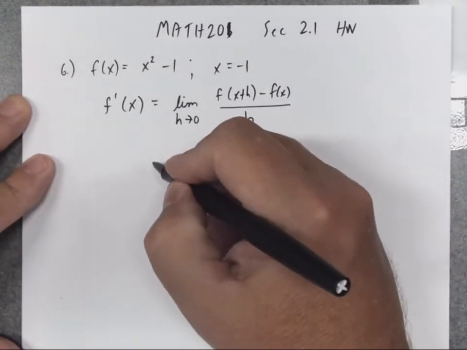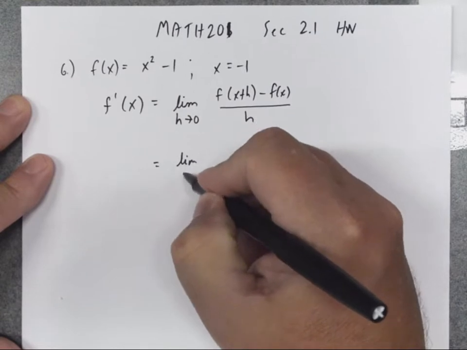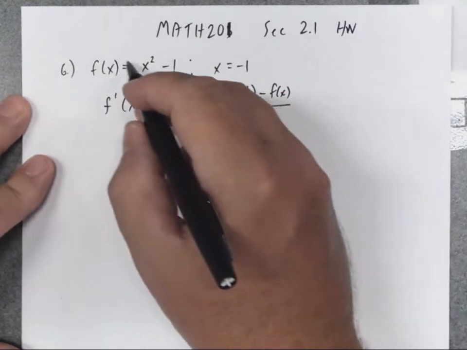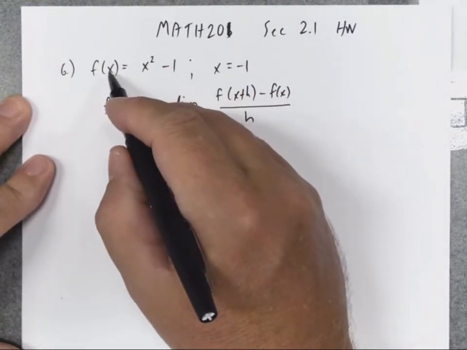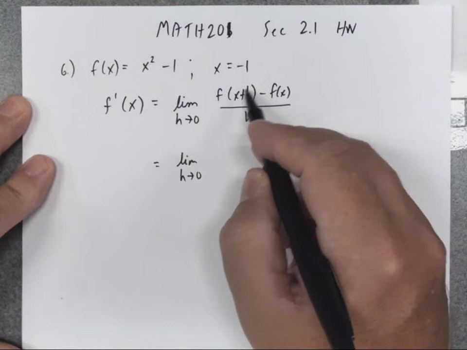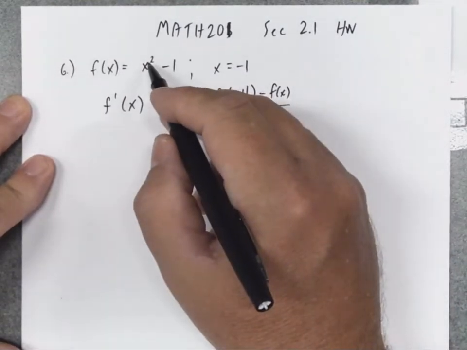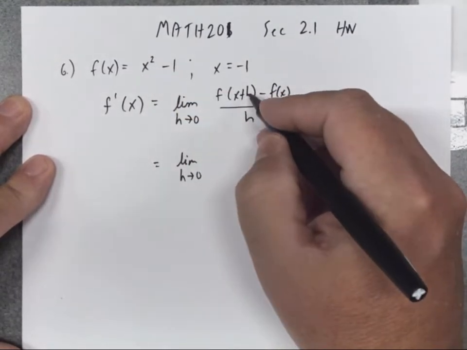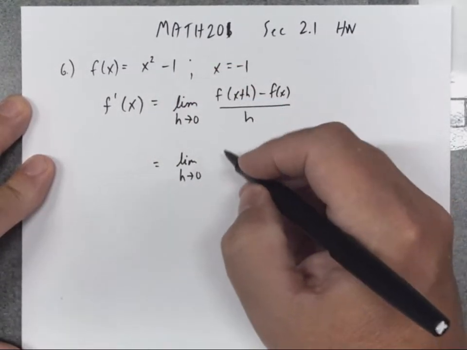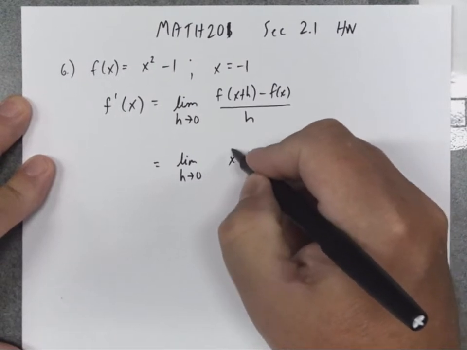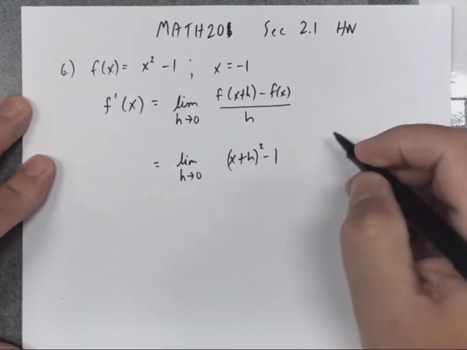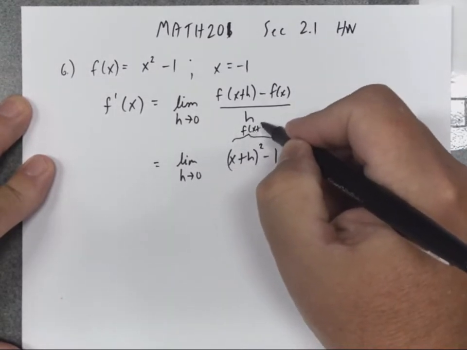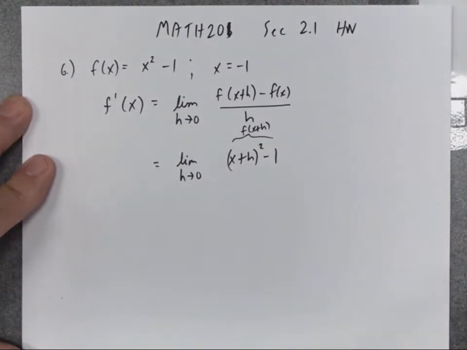So let's go ahead and do this. f of x plus h means you take your f function, and every place I have an x, I'm going to replace it with x plus h. So if my function is x squared minus 1, instead of x, I'm going to have x plus h squared minus 1. This right here is my f of x plus h.